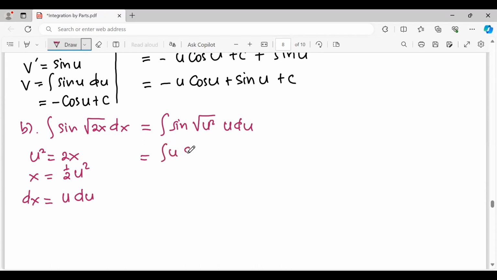It becomes the integral of u sine u du, because square root of u squared is u.